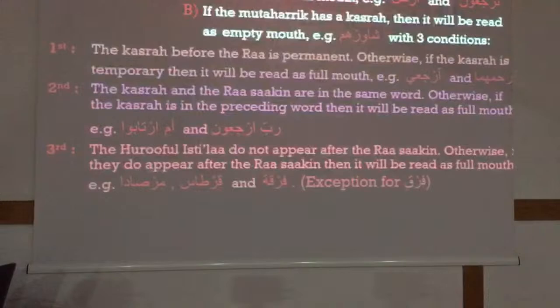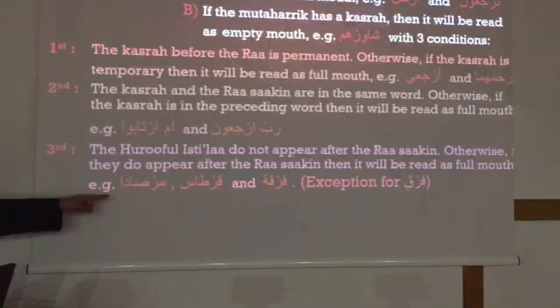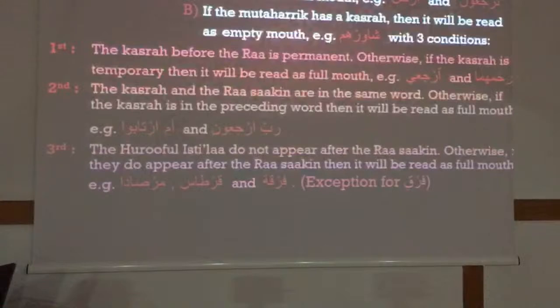Again, mir, sad. And tell me again, what has made this ra sakin full? The letter of isti'la after it. Very simple. Because of this letter sad, which has come after the ra sakin, the ra will also be now full mouth.